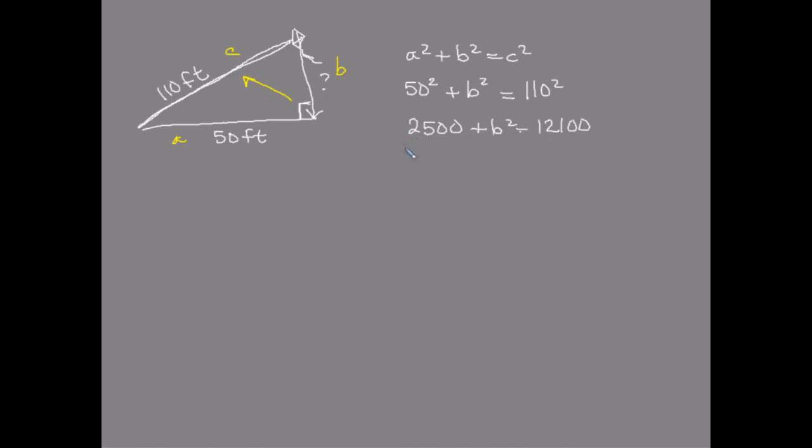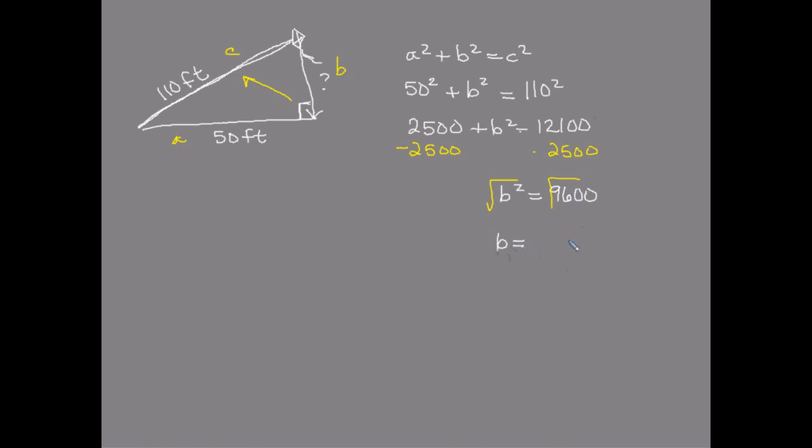Okay, subtract 2,500 from both sides. And B squared is going to be 9,600. Okay, we'll take the square root of both sides.